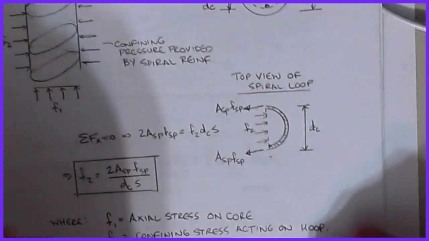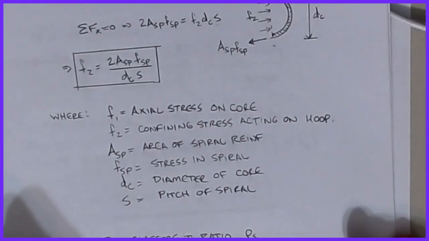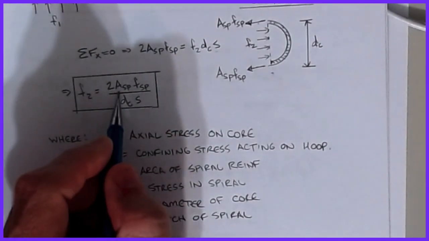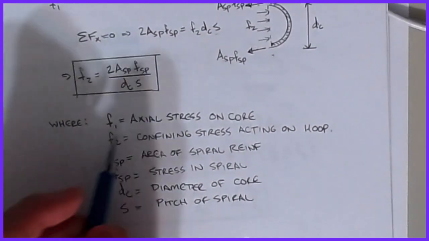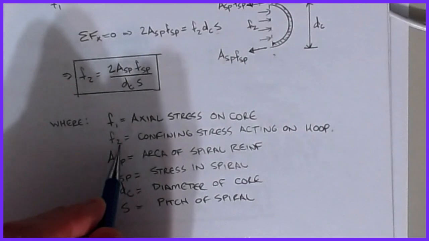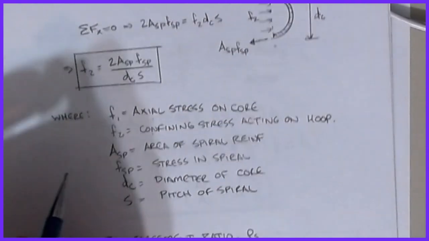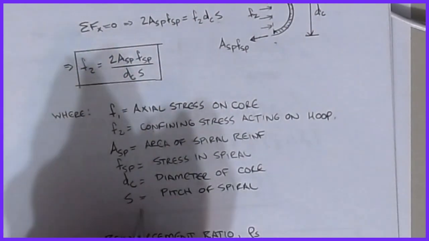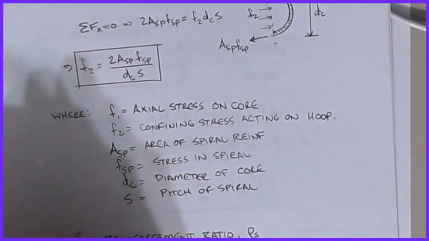If we rearrange, the confining stress is going to be F2 equals 2 times ASP times FSP over DC times S. Here F1 is the axial stress in the core, F2 is the confining stress acting on a hoop, ASP is the area of the spiral reinforcement, FSP is the stress in the spiral, DC is the diameter of the core, and S is the pitch of the spiral. There are prescriptions on what pitch is allowed, and we talked about that in the last video as well.